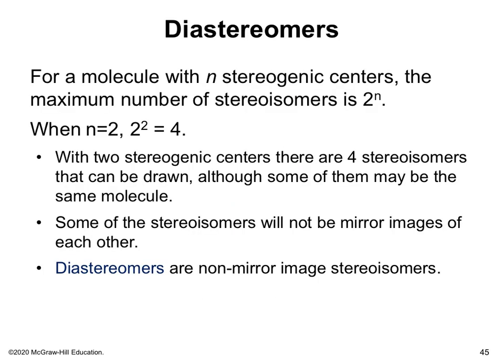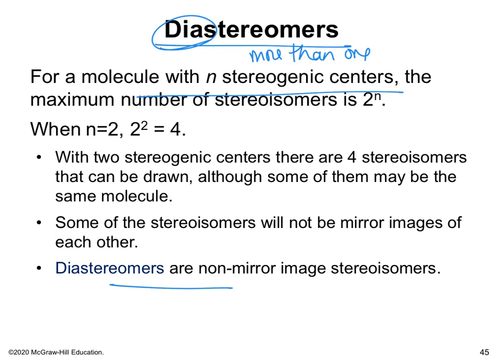All right, diastereomers. Diastereomers are stereoisomers. Dia means there's more than one stereocenter. How many stereoisomers can you get? Technically, the maximum number of stereoisomers for a molecule is 2^n. That's a formula.